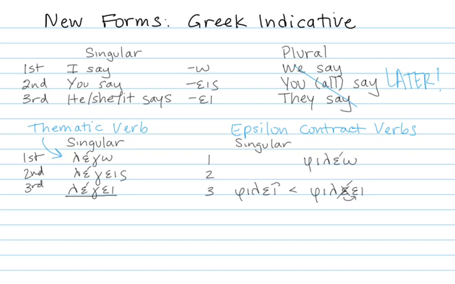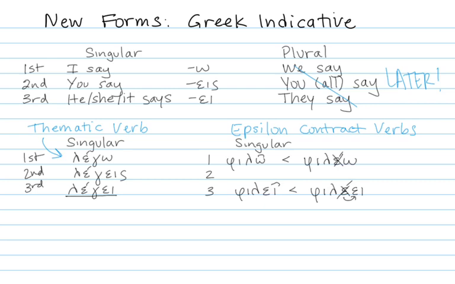In the dictionary, from now on out, you'll be learning epsilon contracts in the first singular, and it will look like phileo. The dictionary provides it to you in this form so that you know that it's an epsilon contract. But when you actually see it in a reading, you'll see the contracted form. Again, the epsilon disappears. We're left with simply an omega, and it's going to have a circumflex over it.